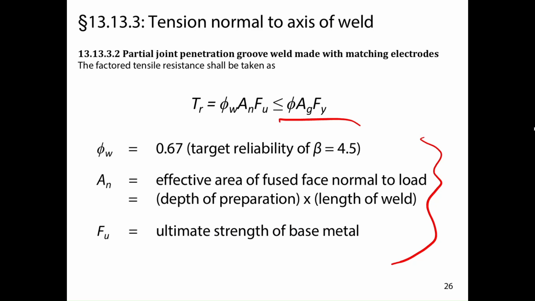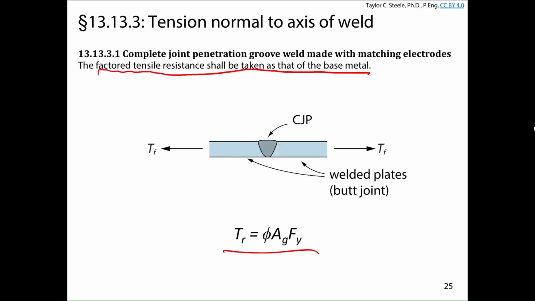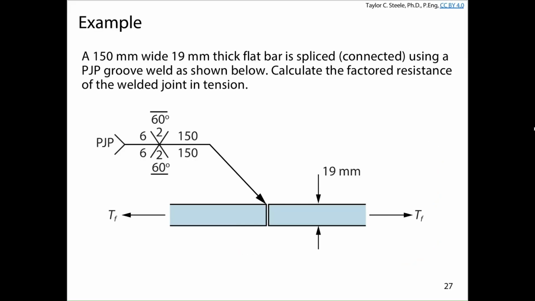Like I said, CJP, you don't have to do any calculations. But if we have a partial joint penetration weld, we have to do calculations to figure out how strong this joint is going to be, if we're only fusing some of the face. So in this case, we've got a 150 millimeter wide flat bar.